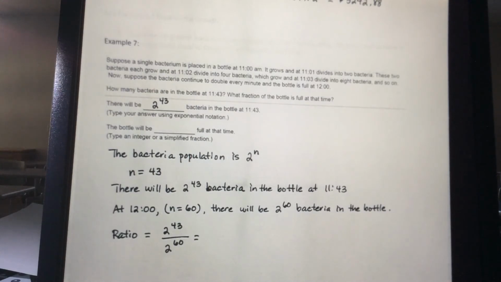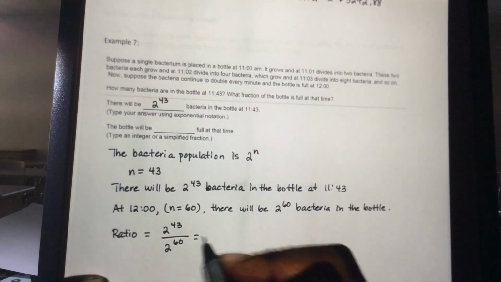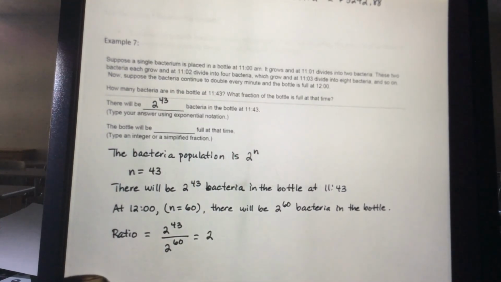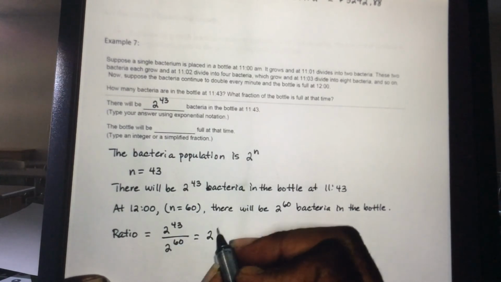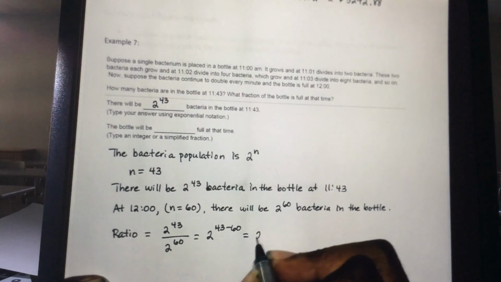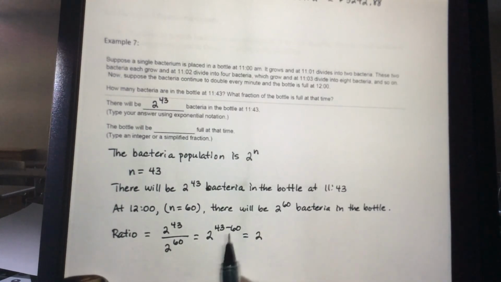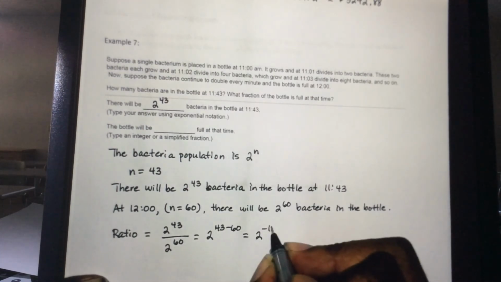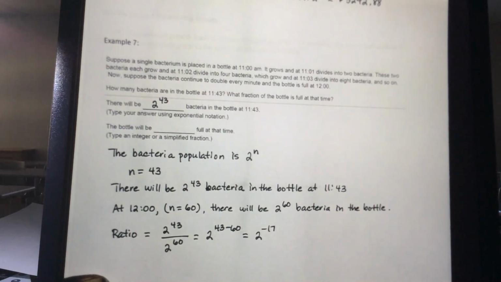Now, for exponents, when we divide powers of the same base, we keep the base, but we subtract our exponents here. Okay? So in this case here, I'm going to bring over the 2, which is my common base, and then I'm going to subtract 43 minus 60. So it'd be 2 to the 43 minus 60, which is negative 17. So it'd be 2 to the negative 17th.